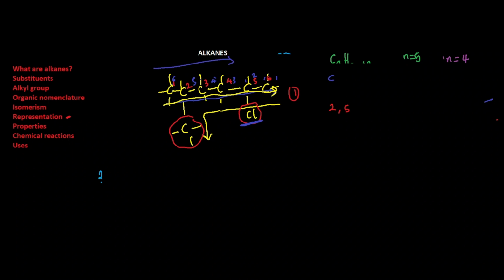And so rather than starting in this direction and giving methyl a lower number, which is 2, we would start in this direction and give chlorine a lower number, which is 2.